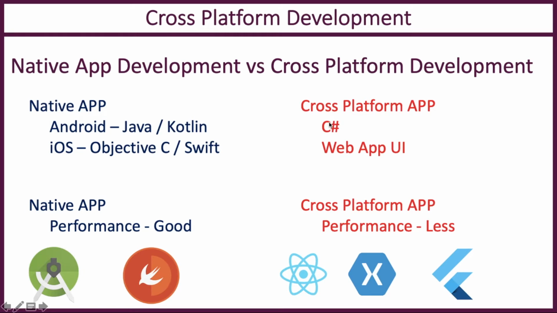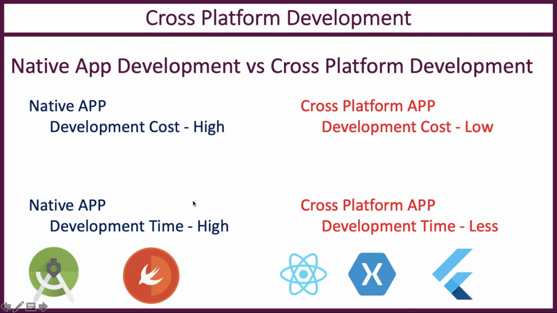For Flutter, you will use Dart, and for React Native, you will use JavaScript. And web-based app user interface design is used in cross-platform development. So these are all the development tools used for cross-platform and native applications.